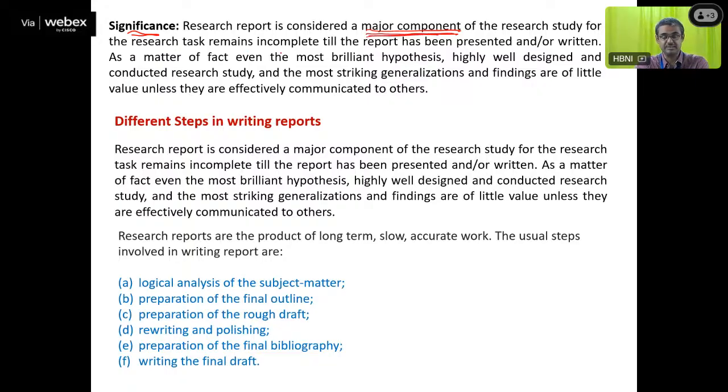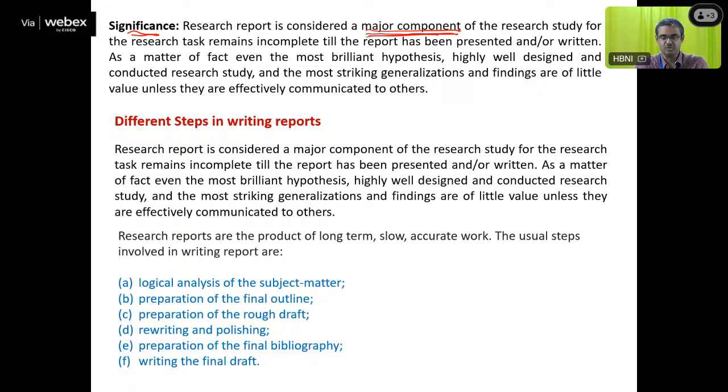For the research task remains incomplete till the report has been presented and audited. You do a lot of research, you do a lot of data, but you publish no papers, then how can you justify your research, right? So we have to squeeze in the good data, analyze properly, and then publish. Or if you are doing some confidential work, then you have to generate a very nice report and present it to the examiner.